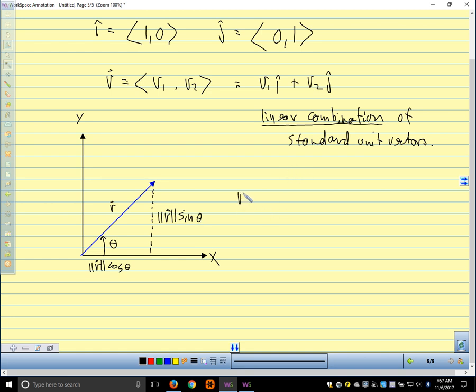So we would say v is the vector magnitude of v, comma, sorry, cosine theta, sine theta. Sorry, I did it backwards. And we could also write that as the magnitude of v times cosine theta i hat plus sine theta j hat.